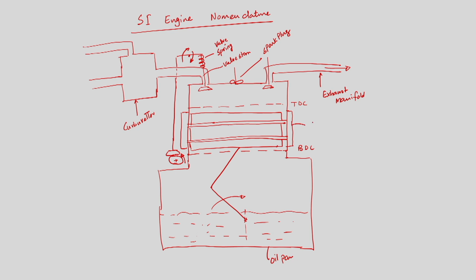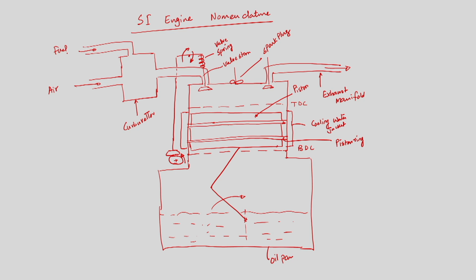So this is the cooling water jacket, and this is the piston, and these are the piston rings. Through this is the carburetor, this is air, and this is the fuel path.